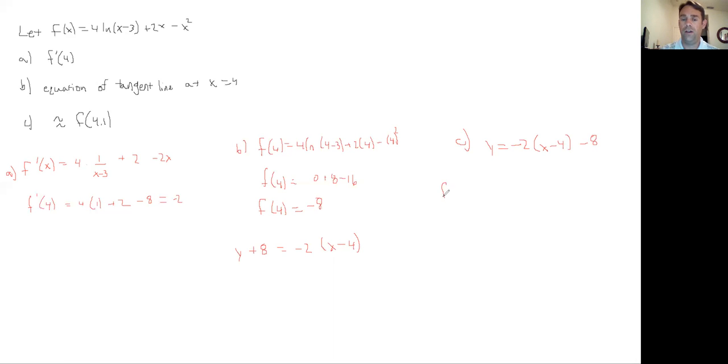So that means f of 4.1 is approximately negative 2 times 4.1 minus 4 minus 8, which is negative 8.2. There we go.